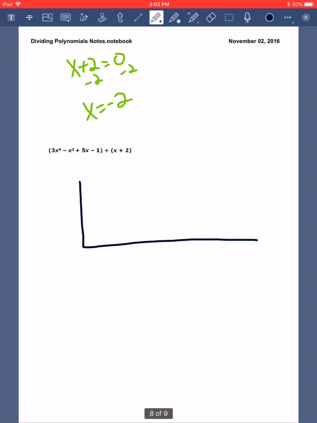So I start off with a 3x to the 4th, so I'm going to have a 3. Then I have a -x cubed, so -1. I'm missing an x squared, so I have to put a 0 in for the x squared. But then I pick back up at 5x, so 5, and then -1. And I'm dividing it by what x equaled, so I'm dividing it by -2.